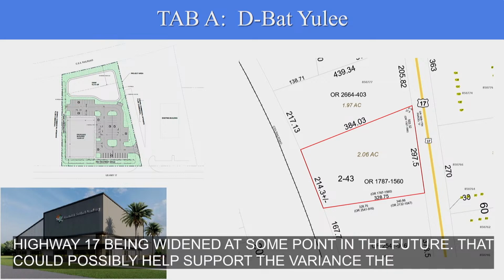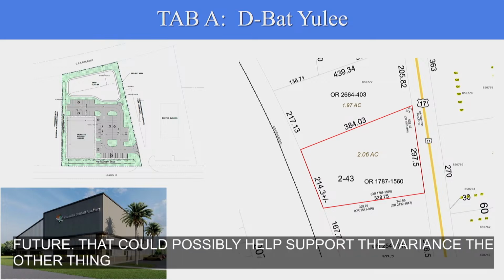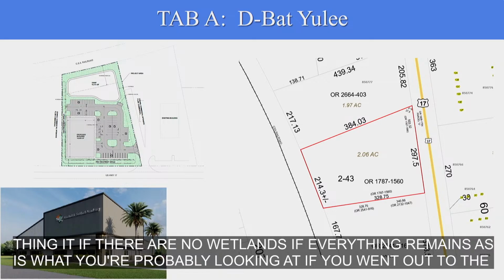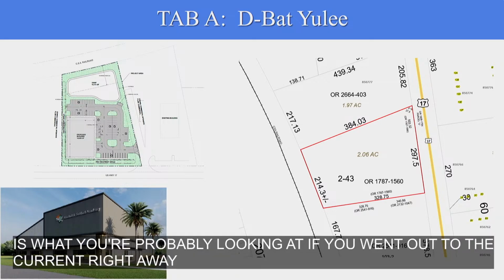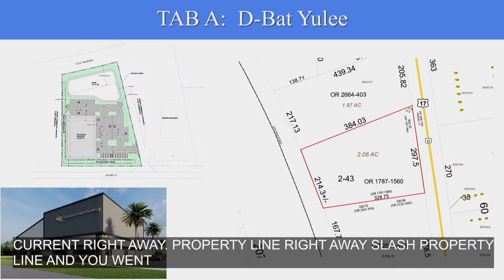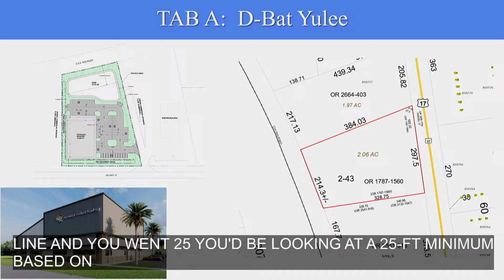The other thing, if there are no wetlands and everything remains as is, what you're probably looking at, if you went out to the current right-of-way and property line and went 25, is a 25-foot minimum and 40-foot maximum, based on where you're building.